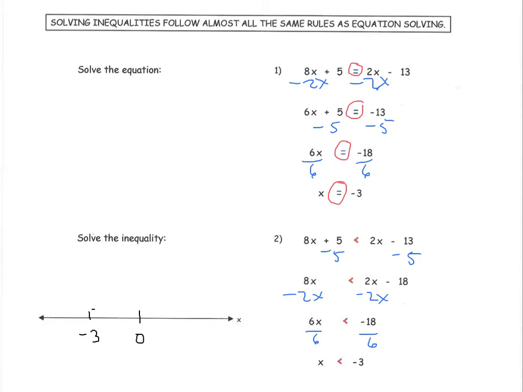We're going to put an open circle around negative 3 to show that our inequality began with negative 3. Then we're going to shade the number line for all the numbers that are less than negative 3, but leave an open circle to show that negative 3 is not part of our solution.